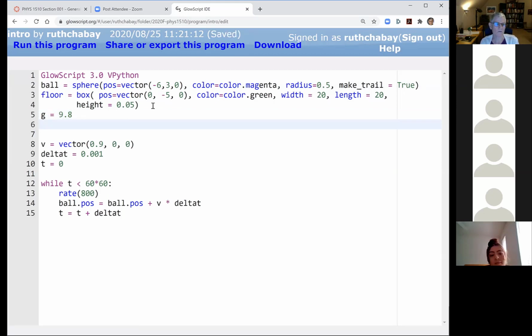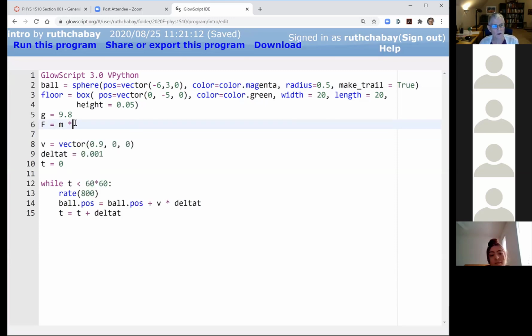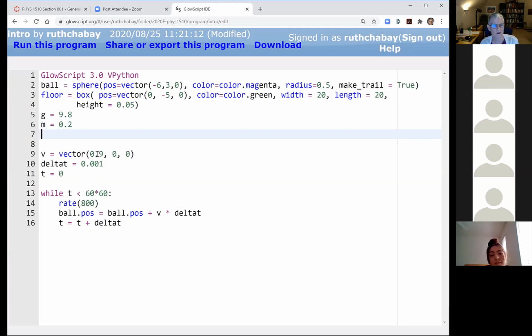And so when you're close to the surface, the force on an object near there is fairly constant. The force is the mass of the ball times g. Well, we're getting ahead of ourselves here. The ball needs a mass because force is proportional to mass. So we'll say the mass, m for mass, is 0.2 of a kilogram.